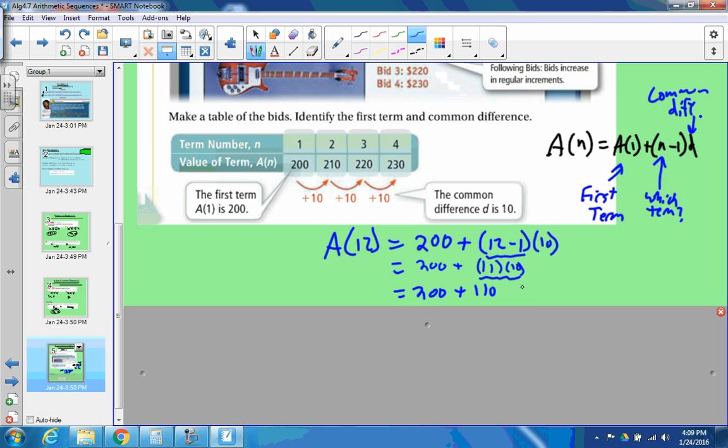Then we just have addition left: 200 plus 110 equals 310. So the 12th term is 310. Instead of adding 10 twelve times, we can tell the 12th term is 310. That's the nice thing about this formula.